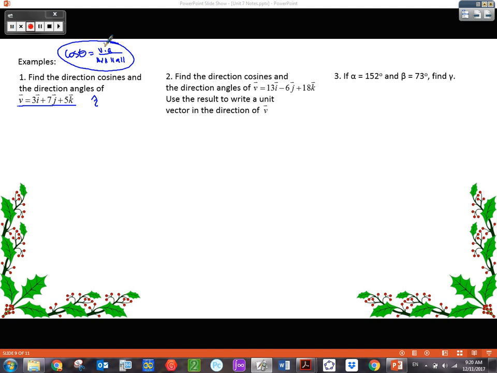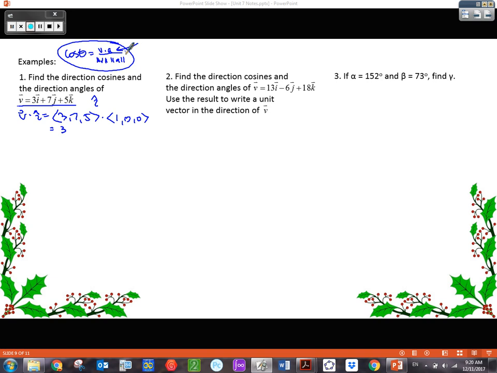So let's go ahead and dot. v dot i. v is 3, 7, 5, and vector i, the vector that exists only in the x direction, is 1, 0, 0. When I dot these together, I simply get a 3. That goes in the numerator.